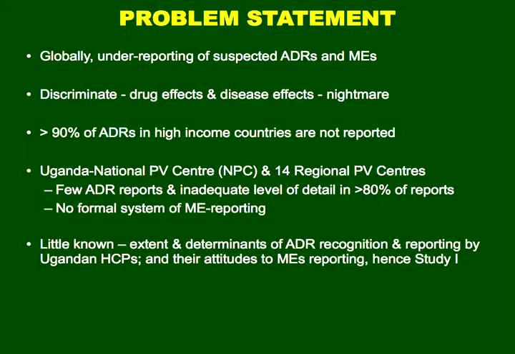However, the rate nationally of ADR reporting is still very low as one report for every 230 healthcare professionals. And for the few who report, over 80% do not contain the adequate information that would permit meaningful medication safety analysis.